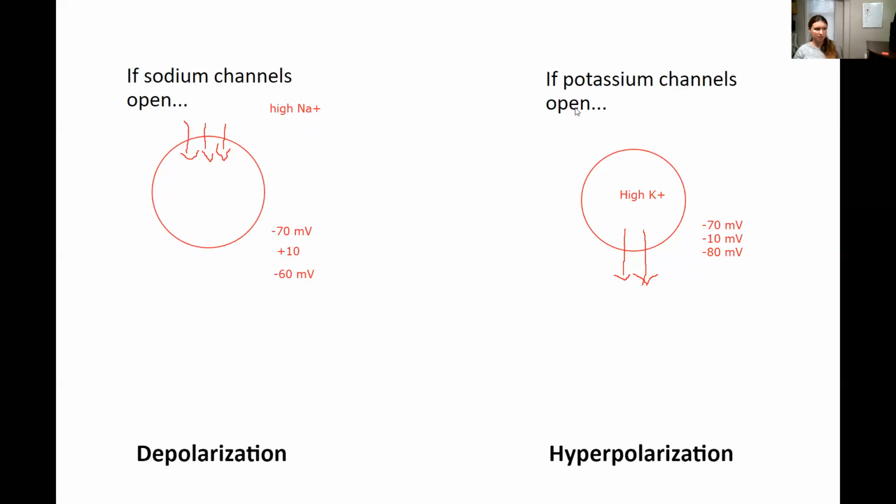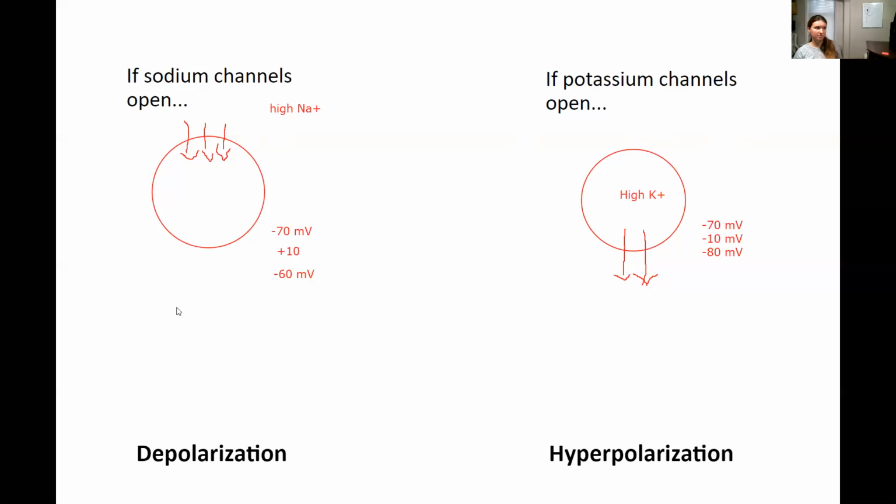Our potassium channels are going to open. We're going to see that called hyperpolarization if we're going down from -70, so becoming even more negative than the resting membrane potential. We're also going to see potassium channels open to cause repolarization. So repolarization is going to be after we have depolarization.